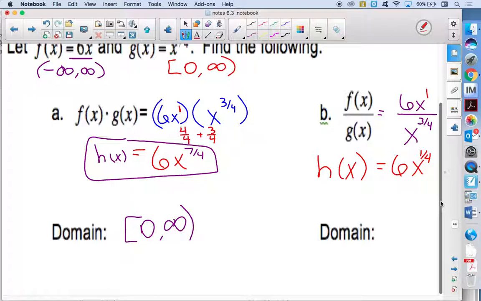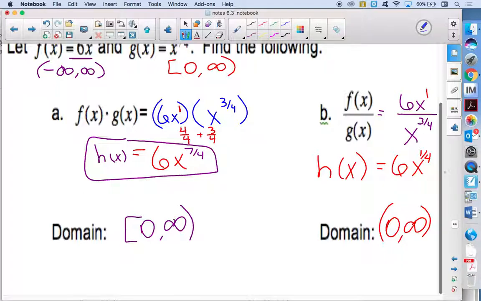How about this domain? Kate? So it'd be 0 to positive infinity. It would still be 0 to positive infinity. I'm just taking a shot in the dark here, but would it be parentheses on both sides instead of a bracket? Why? I don't know, because the other one has a bracket, and then you said this one's different.